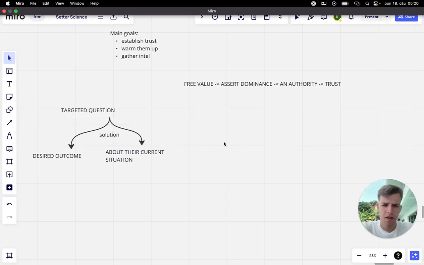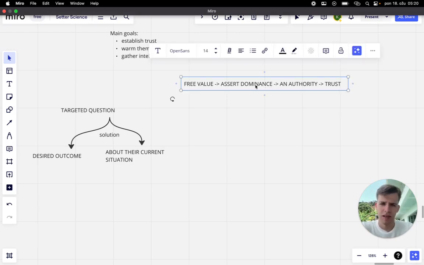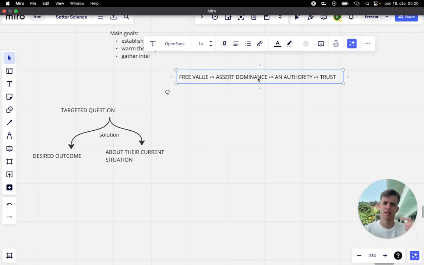You see? When you offer him a little bit of insight on how he can actually get to his desired outcome, that's when he is going to appreciate you even more, and once again you're going to assert dominance, assert authority, and be trusted a lot more. So I'm basically leading him through my appointment setting structure. And then, of course, at the end, my goal is to book him onto a call.